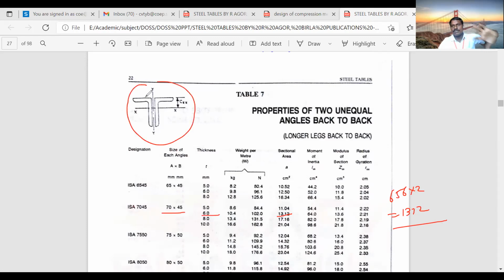So there is no need of again multiplying by 2 anywhere. If we take this directly, there is no multiplication of 2 anywhere, if this one is selected. If we select single angle, then you can multiply by 2. Got it, everyone?